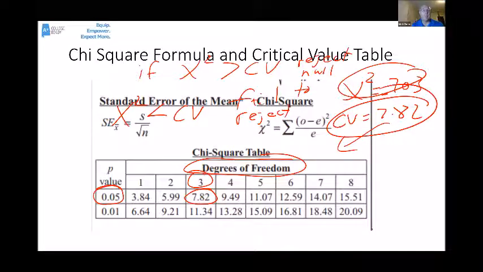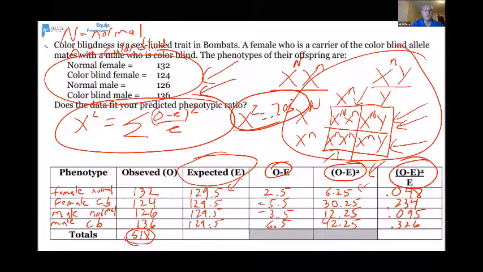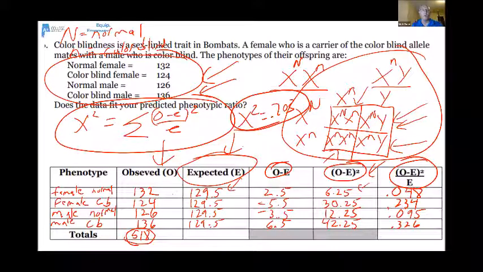Now remember, the null hypothesis is that there's no statistically significant difference between this column of data and this column of data. We're failing to reject that null hypothesis, which means that, yeah, our expected data is a little bit different than our observed values, but those differences are small and most likely simply due to what?